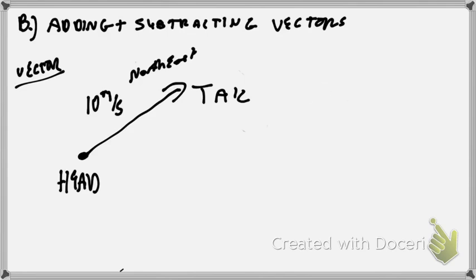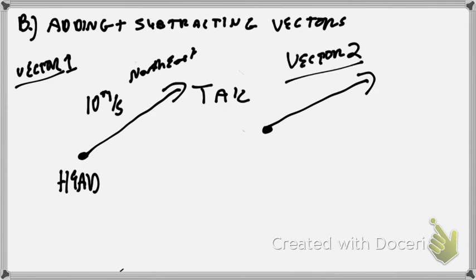Here's another vector. This is vector 1 and this is vector 2. You want to add vector 1 and vector 2. In order to add the vectors, you must place the tail and head together. And that's how you're going to add.